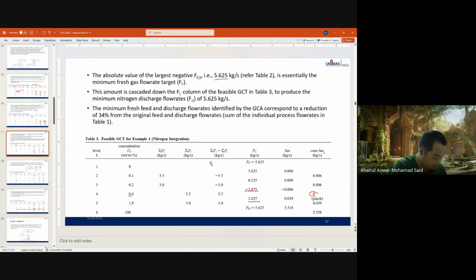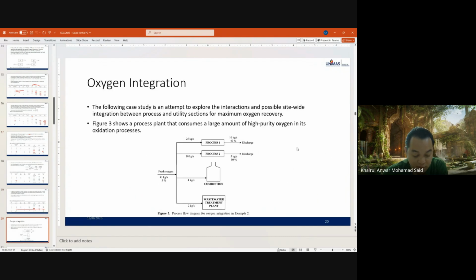Grab a pen and try to solve the following conceptual task, which will simplify reading the solution. So this is the oxygen integration. So your task is, let me show you this one.